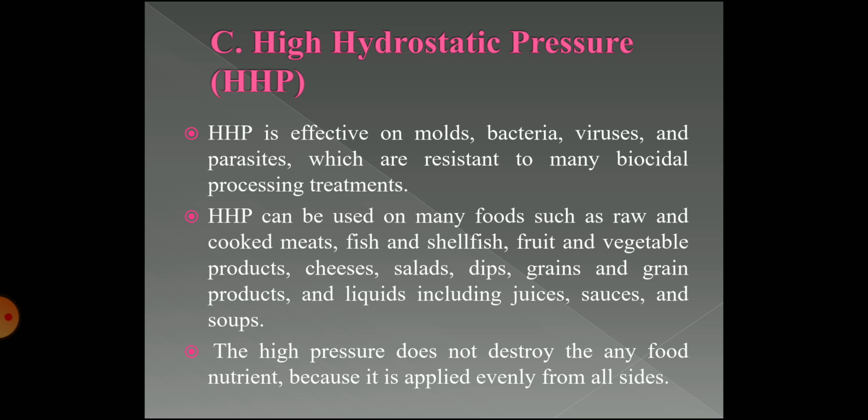High hydrostatic pressure can be used on many foods such as raw and cooked meat, fish and shellfish, fruit and vegetable products, cheese, salad, dips, grain and grain products, including liquids such as juices, sauces and soups. The high pressure does not destroy any food nutrient because it is applied evenly from all sides. Hence, HHP is the most suitable method.